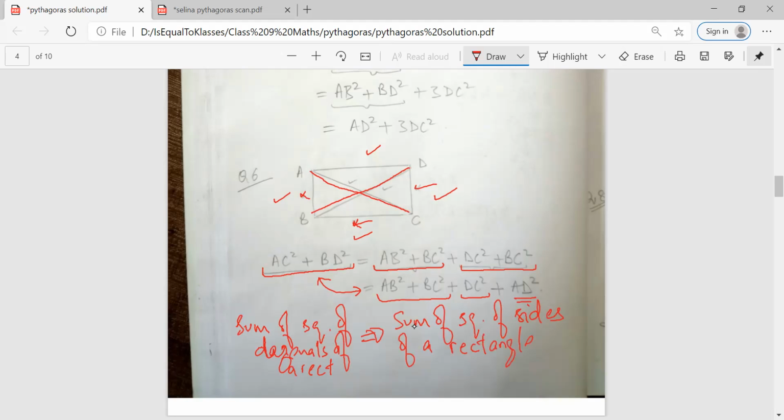Mr. Rudra, any doubt? No, sir. So this question can easily be put in the form of a word problem. Any doubt? No, sir.